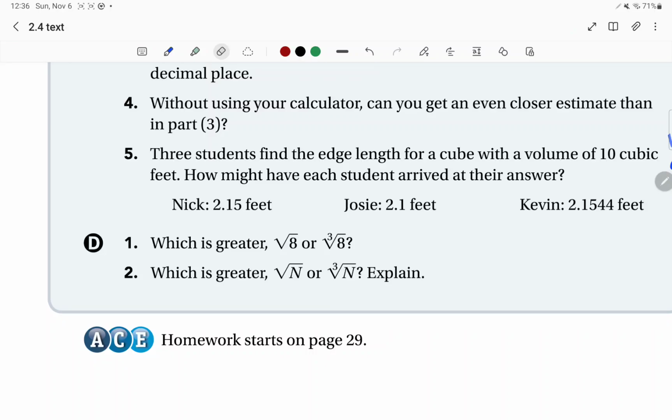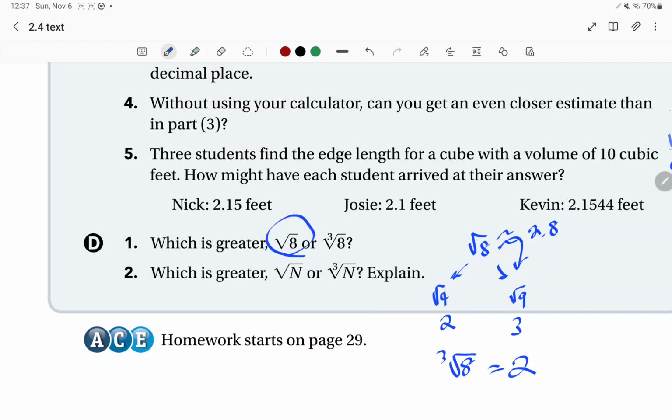If you think about your perfect squares, the square root of 8 is somewhere between the square root of 4 and the square root of 9, which is between 2 and 3. And it's actually really close to 3. So if I had to estimate, the square root of 8 is about 2.8, whereas the cube root of 8 is exactly 2.